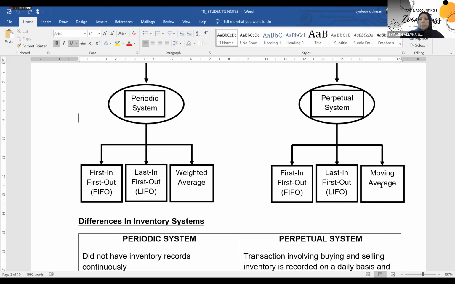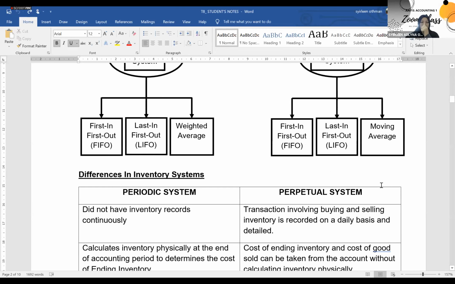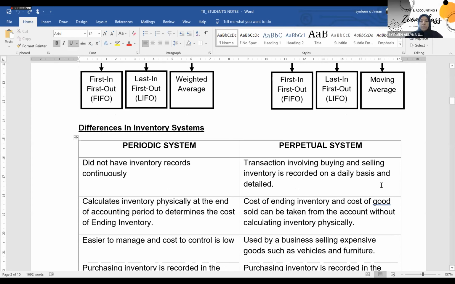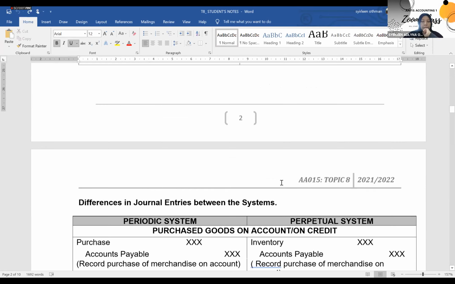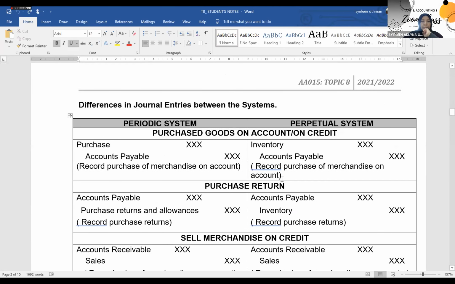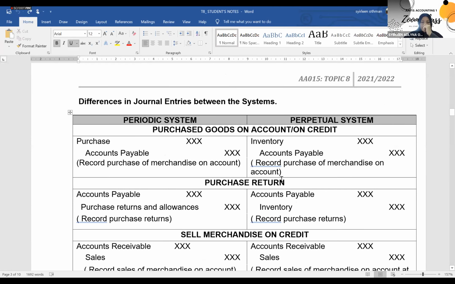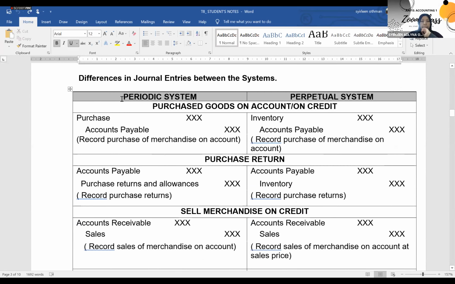Okay, next kita tengok difference. Yang ni pun saya dah terangkan tadi. Apa difference dia. So this one you can read on your own. I already explained it just now. This is the differences in journal entries. Yang ni saya dah explain tadi. Kalau periodic system, we record direct to the purchase accounts.